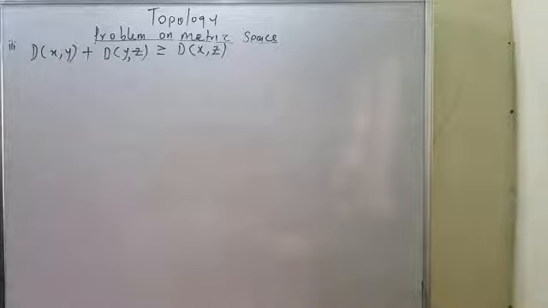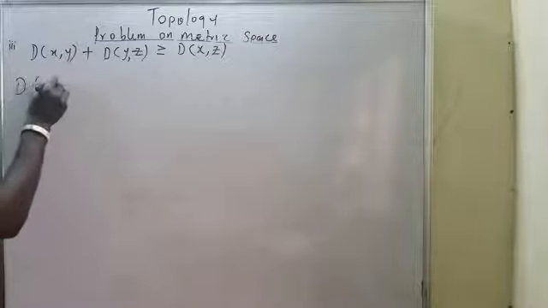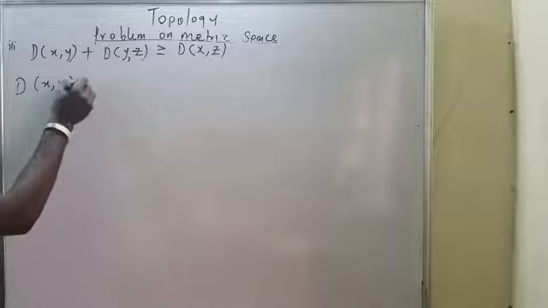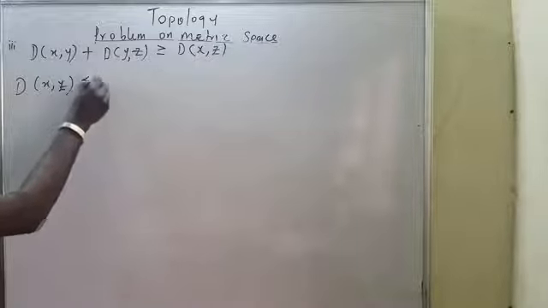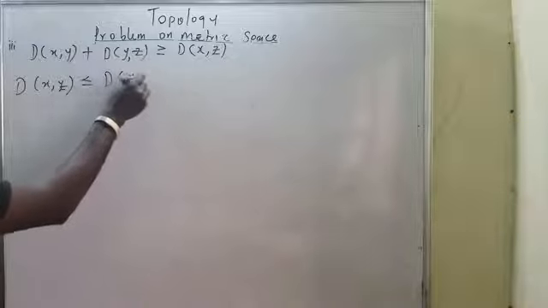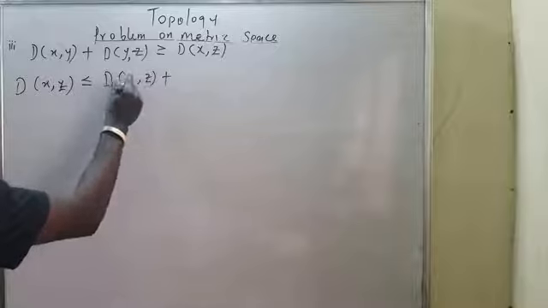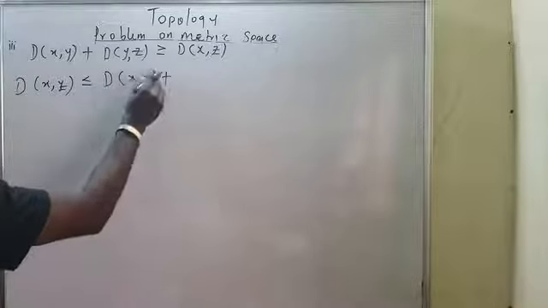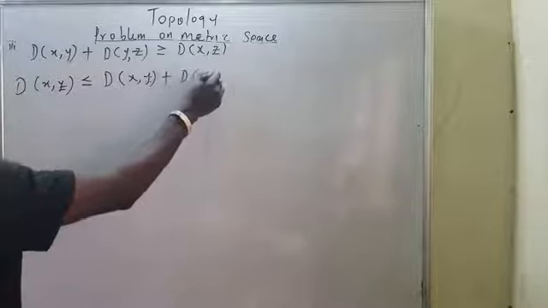Now, if I should do something, I can say that my d of x, z will be less than or equal to d of x, y plus d of y, z.